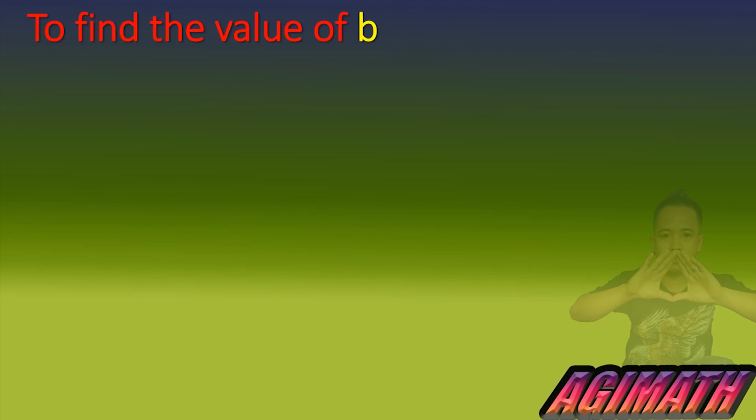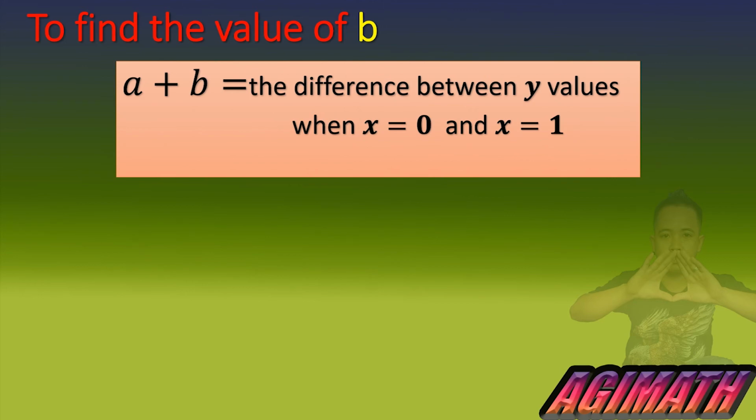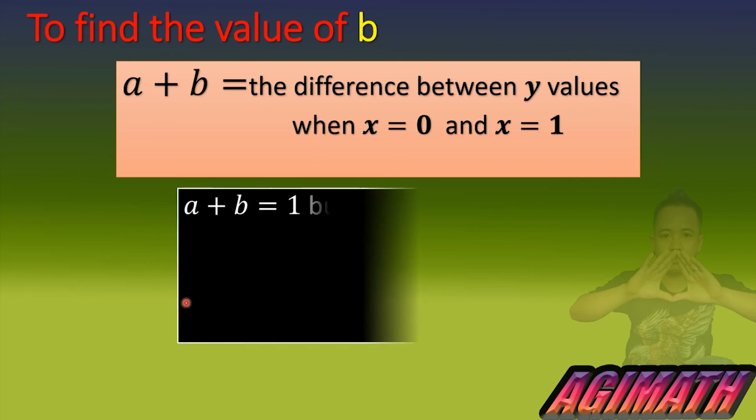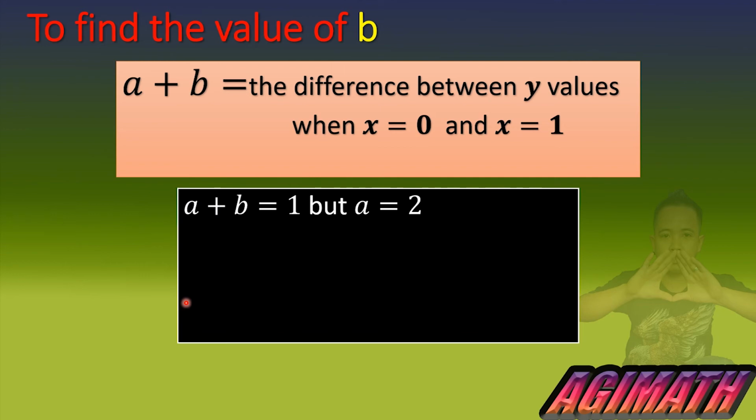this will be the step in finding the value of b. a plus b is equal to the difference between y values when x equals 0 and x equals 1. Recall that this phrase is equal to 1 as I presented earlier. That's why we can have a plus b is equal to 1.